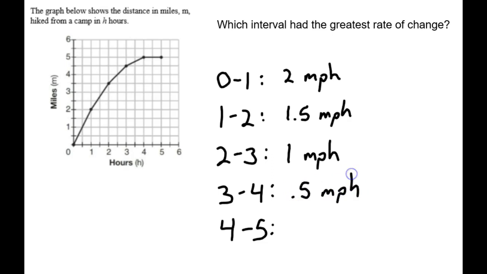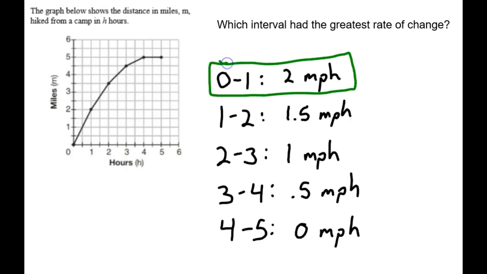And then the last one, there is no change, that is a horizontal line, so that would be 0 miles per hour. Now looking at the slope, the rate of change over each interval, which one had the largest rate of change, the largest slope? That would have been the first interval from 0 to 1. That rate of change was 2 miles per hour. Rise over run, change in y over change in x.